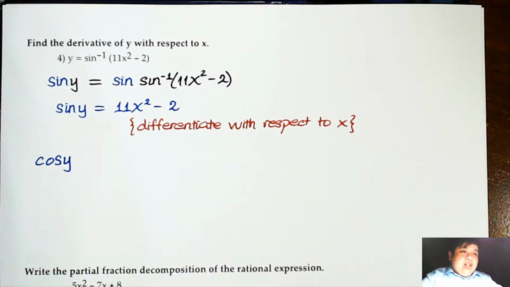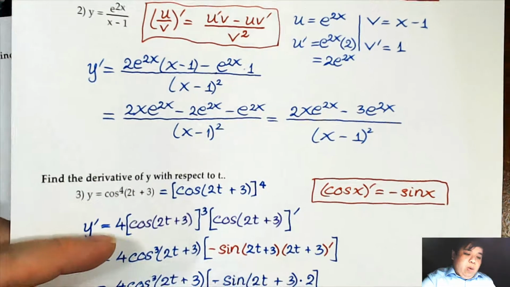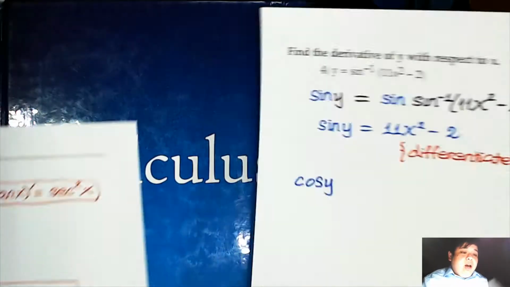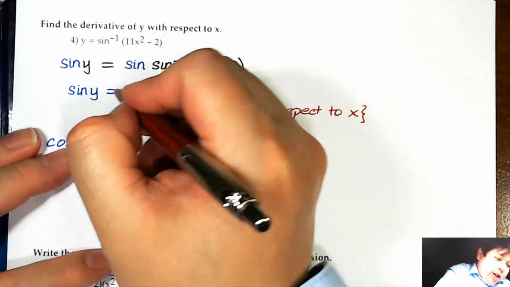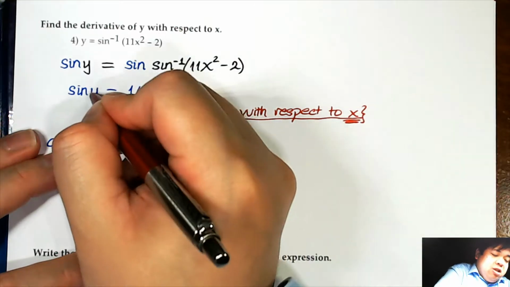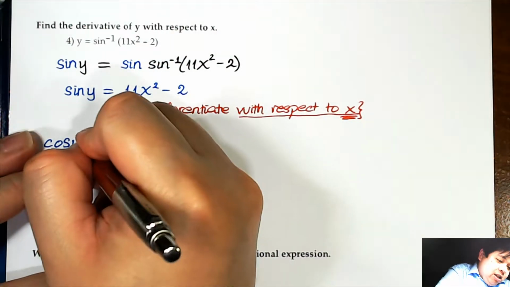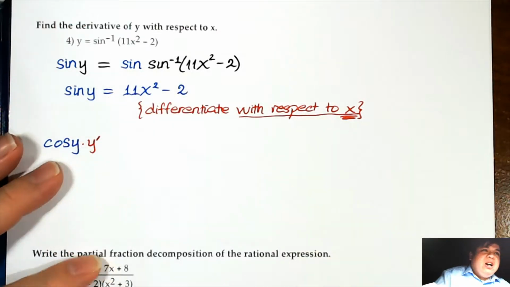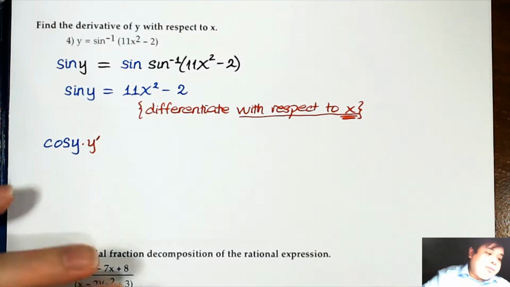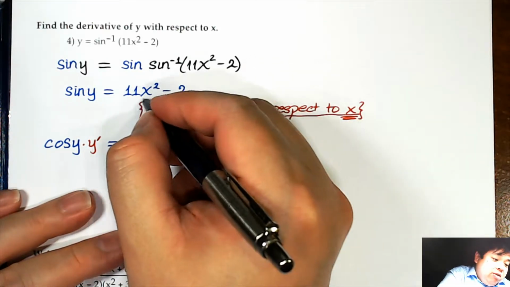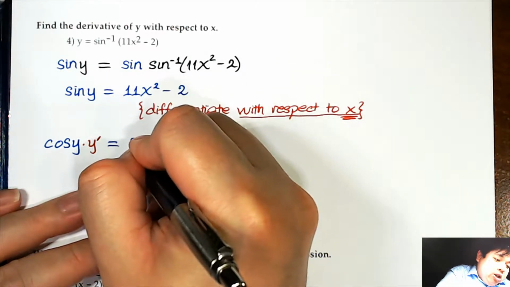However, just like the last problem, when we take derivative, we have to take derivative of the parentheses, because here y is a function of x. So we take derivative with respect to x. This is y, which is not x, so we have to multiply by derivative of it. So that's like the chain rule. On the right hand side, derivative of 11x squared minus 2 will be just 22x.